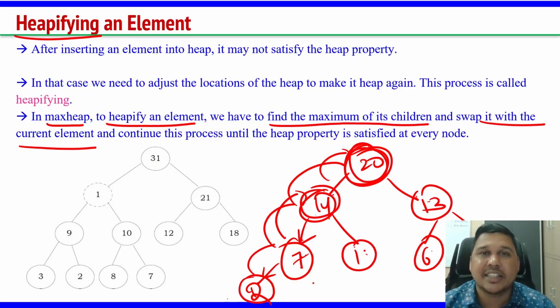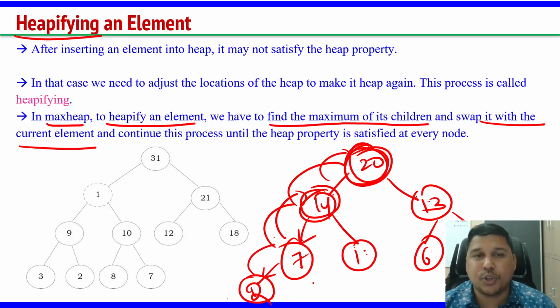So, heapifying is nothing but, if a tree structure is disturbed because of an insertion of a new element or deletion of an element, and the tree is not satisfying the property of heap, then you have to apply the heapifying process, where we compare and swap the elements and make it satisfy the max heap property.